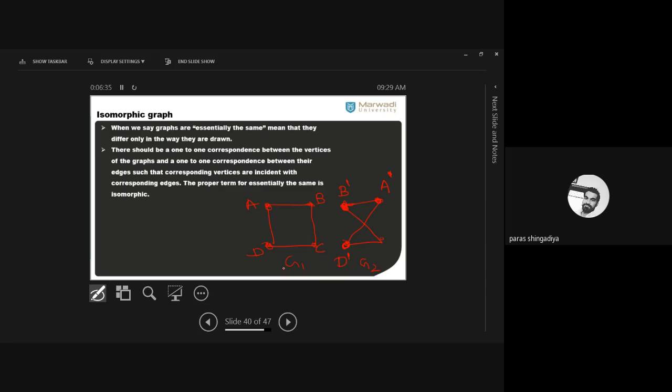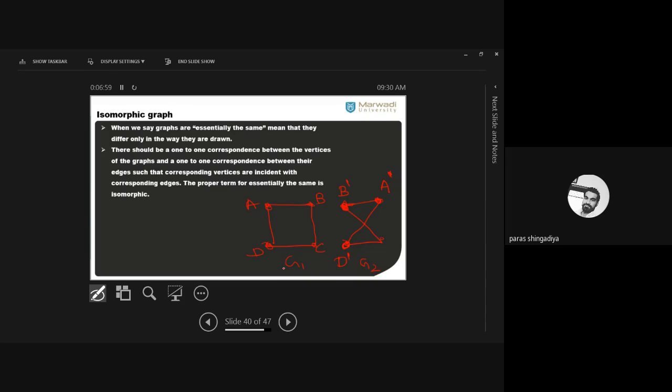So these are the images of B and D. There is an edge between A and B in the first graph, so there is also an edge between A dash and B dash in the second graph. There is an edge between A and D in the first graph, so the second graph should also contain an edge between A dash and D dash. Clear? So that is known as one-to-one correspondence for the edges.